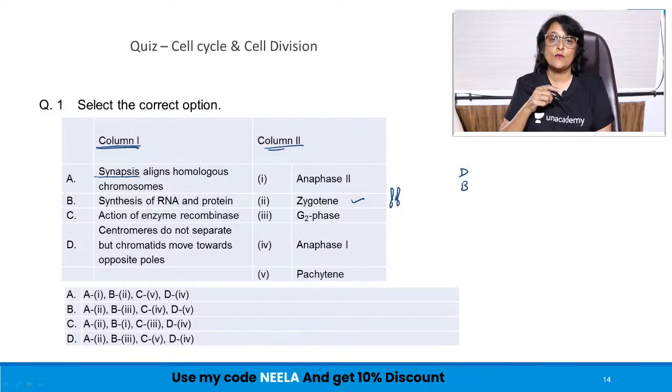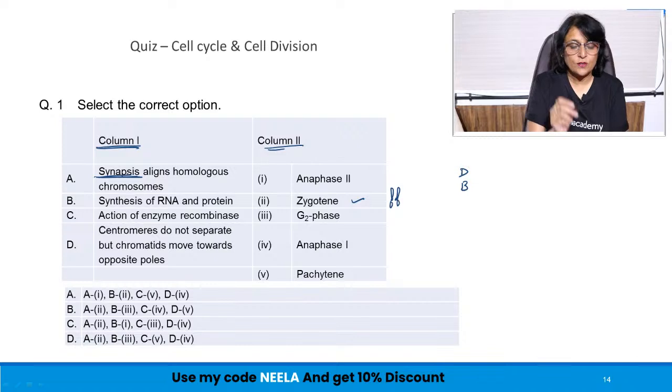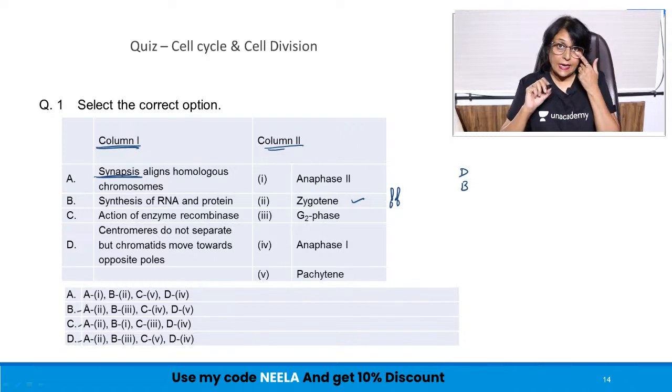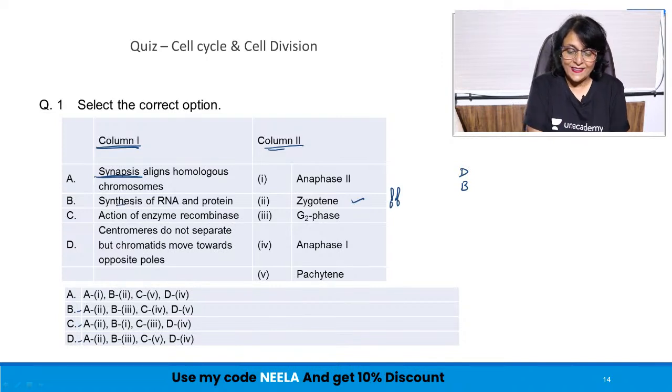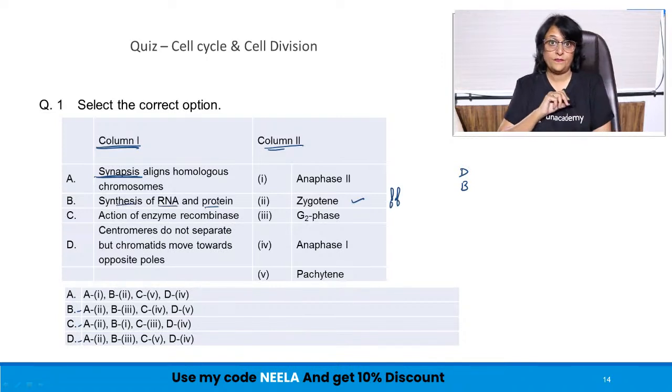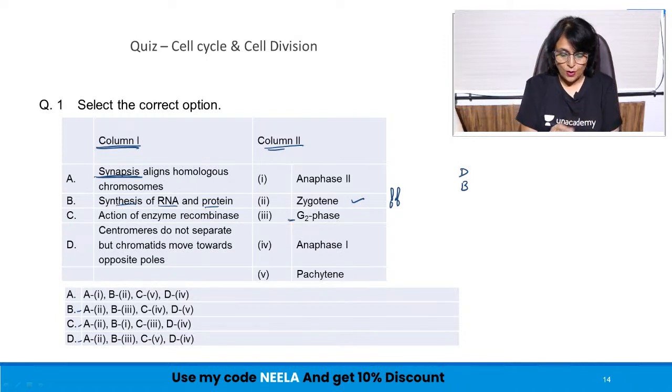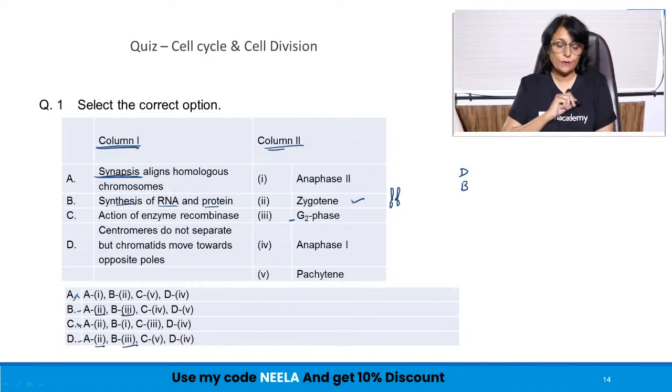When one chromosome from mother, one chromosome from father, that is a homologous pair, it aligns. So that is synapsis. So 1 we have got. So in 3 we have the first option A as 2. Okay. Synthesis of RNA and protein. It takes place in G1 and G2 both. Here in the second column G1 is not given, so we have to take G2. Now this is overruled anyways because here we have 2 and here we have 3.